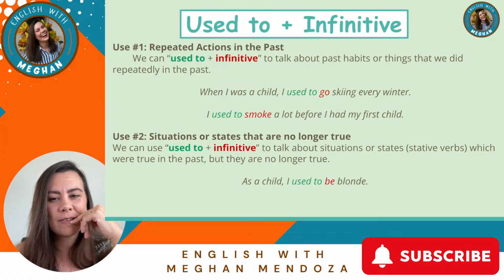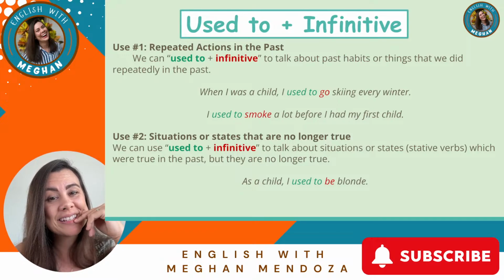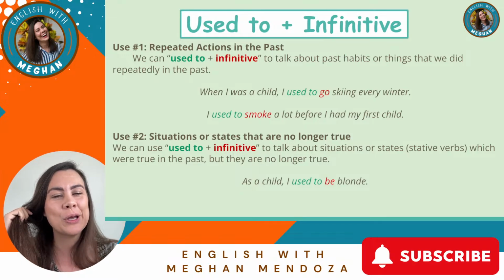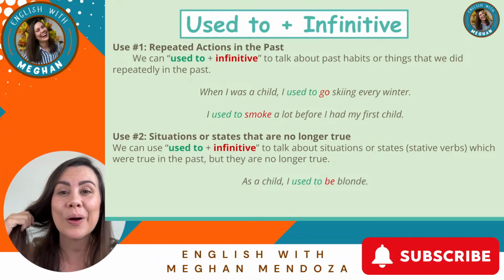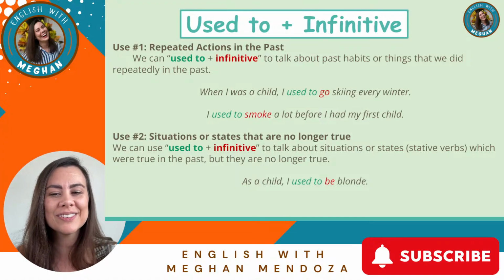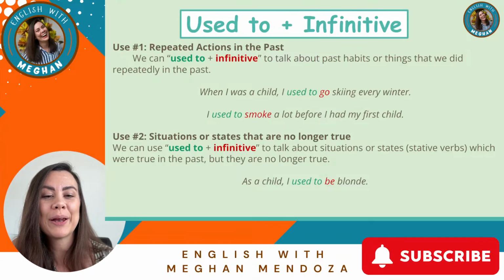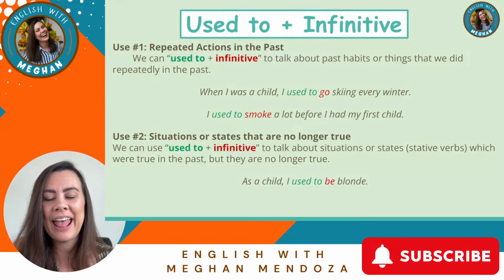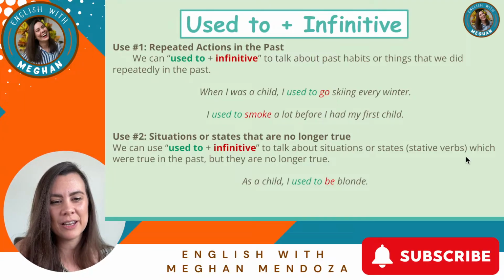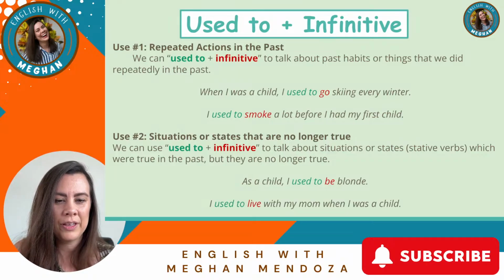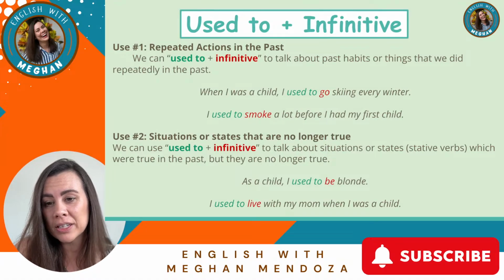So this is an example. As a child, I used to be blonde. Blonde is what some people would say yellow hair, okay? Blonde. I used to be blonde. Okay, that means I used to have blonde hair. All right, and the next example is I used to live with my mom when I was a child.